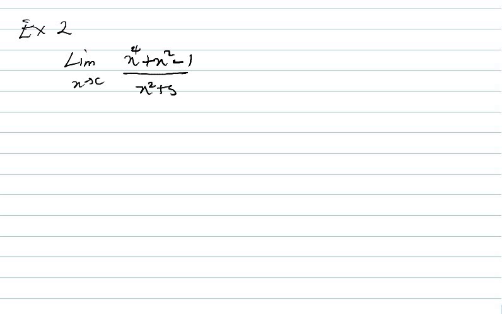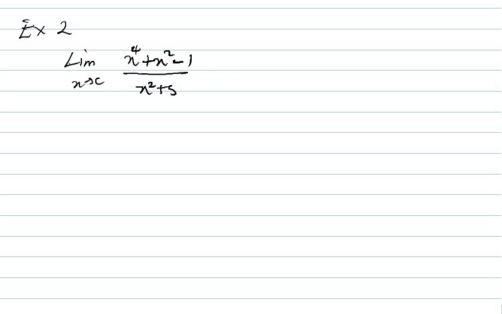Another question we have is example 2. We have the limit as x approaches c of x to the power 4 plus x squared minus 1, all over x squared plus 5.